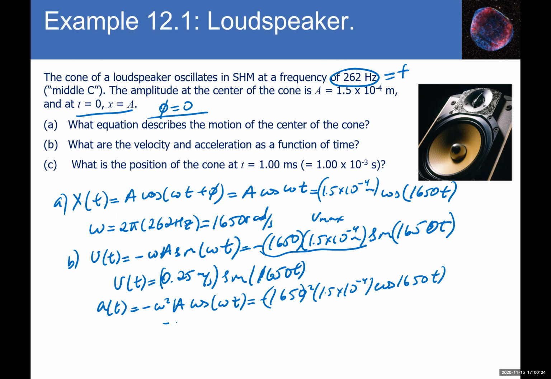So then acceleration will be equal to negative 408 meters per second squared, times cosine of 1650 times t.